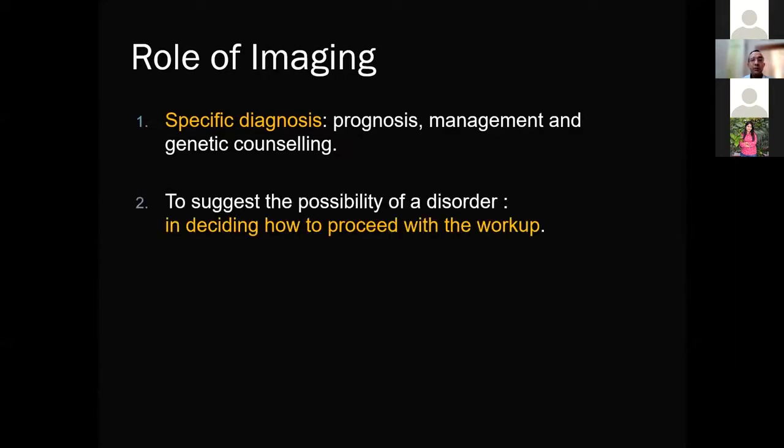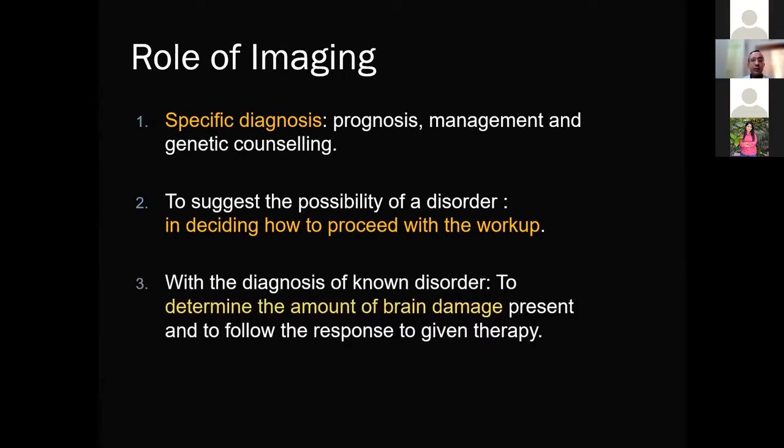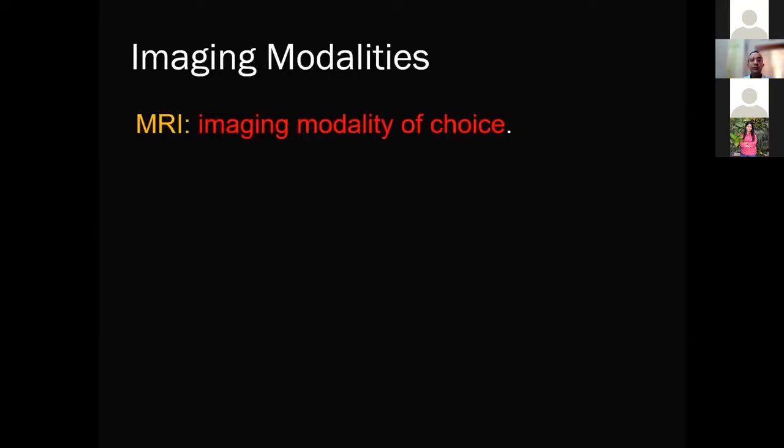It also suggests the possibility of a disorder in which a specific diagnosis is not possible. This helps in deciding how to proceed with the workup, and in a few disorders when the diagnosis is already known, to determine the amount of brain damage present and to follow the response to given therapy.